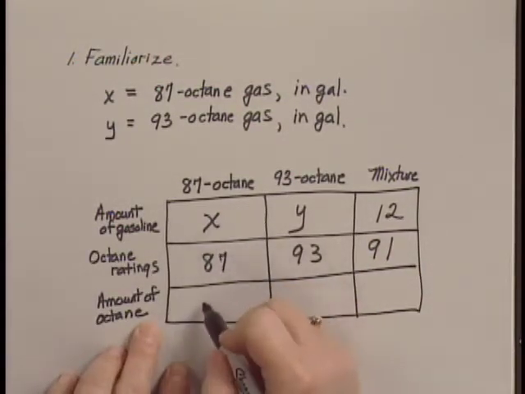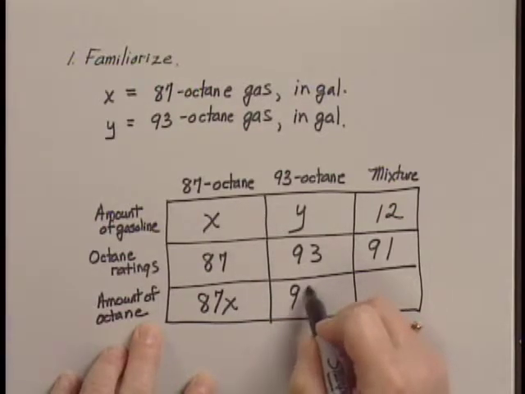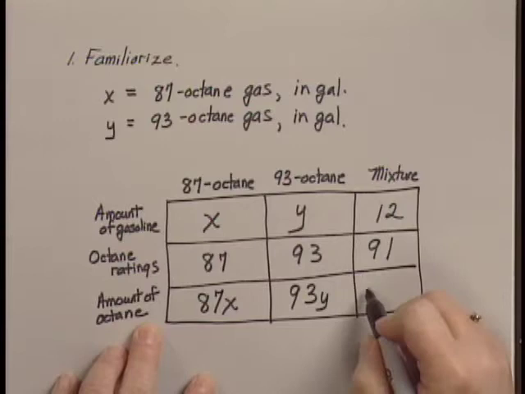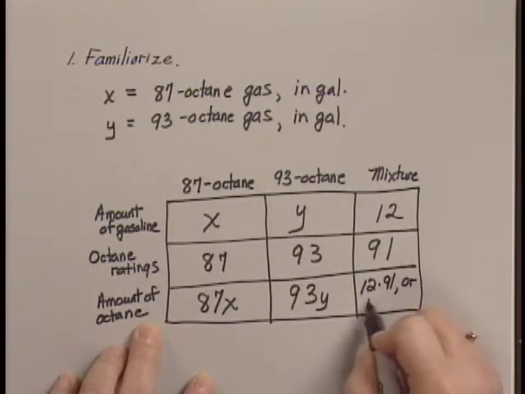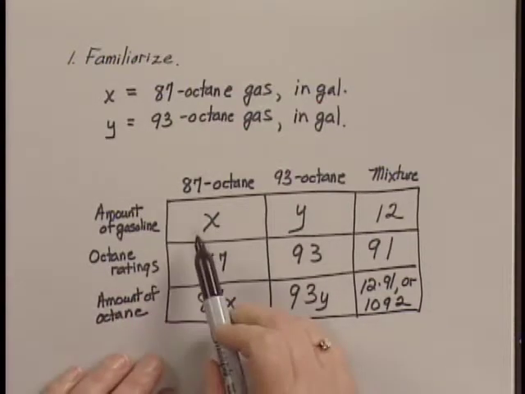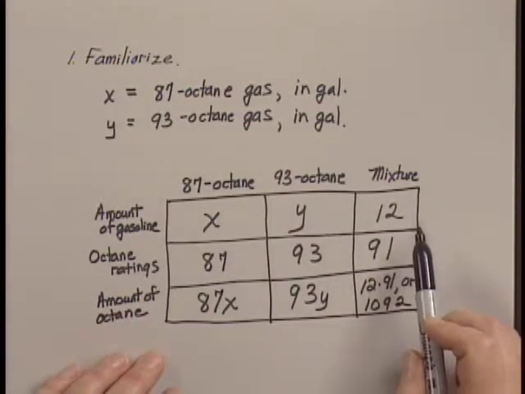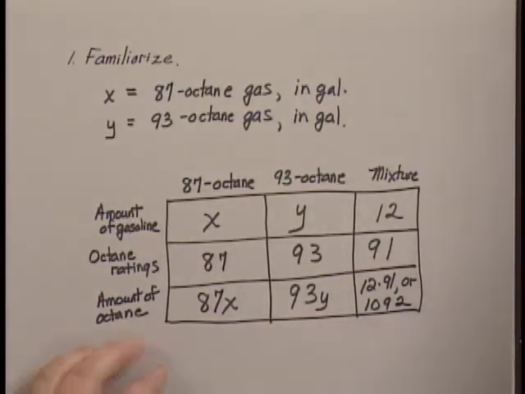Now we multiply these: 87X, 93Y, and 12 times 91, which is 1,092. And we're going to get our two equations from the top row and the bottom row of the table.